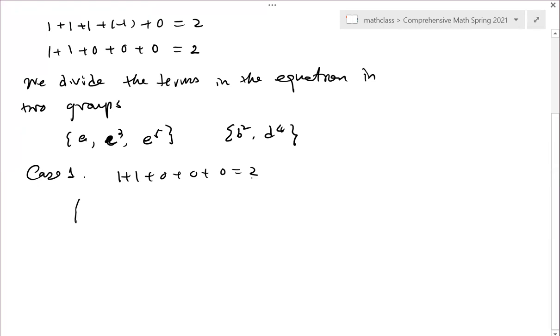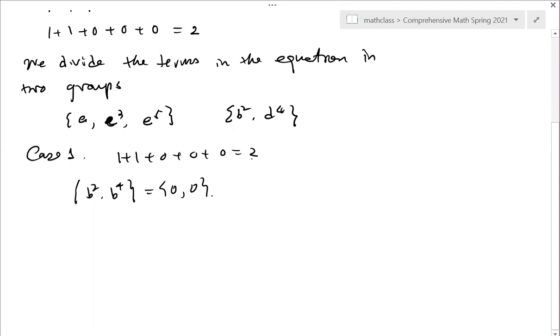Now let's take a look at b squared and d to the fourth power. We know that's never negative. It's either both 0, and then you can have the other group; or one of them is 0 and the other one is 1; then the third case is both equal to 1.